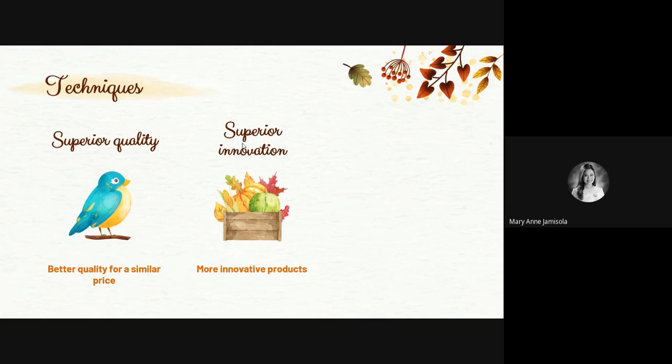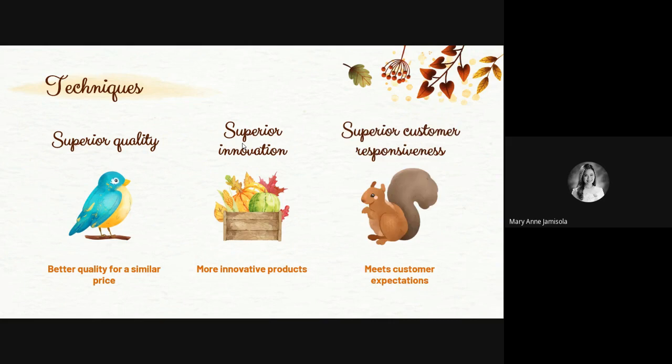Another technique could be superior innovation. The company continuously offers innovative products ahead of its competition. Another technique that you can also use is superior customer responsiveness. The company produces products or provides services which are aligned with customers' expectations.